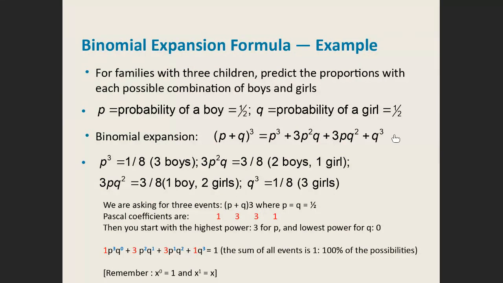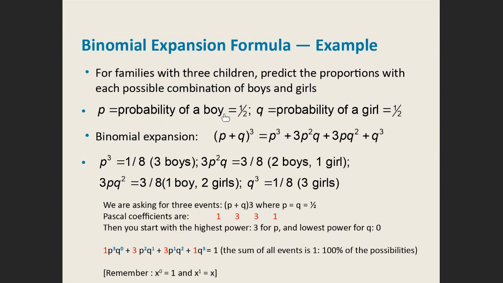This expression, by definition, will be equal to 1. That is, you are expressing all the possible events that can occur in this setting. You have all the possibilities of boys and girls if you have 3 kids.